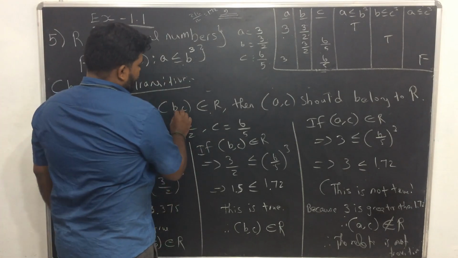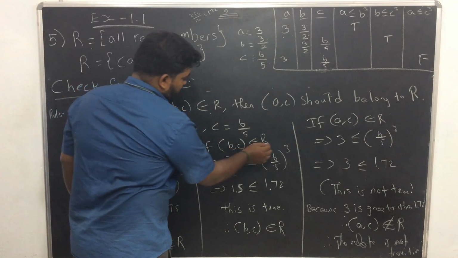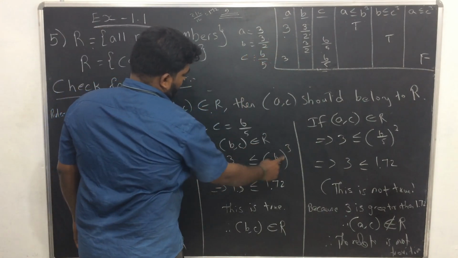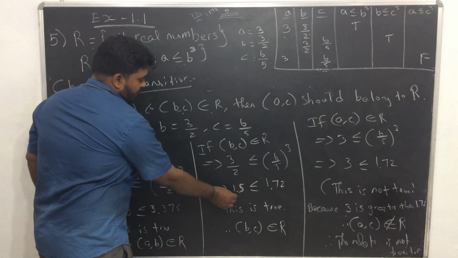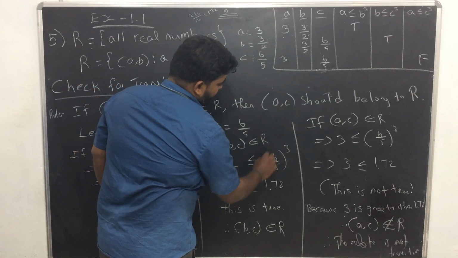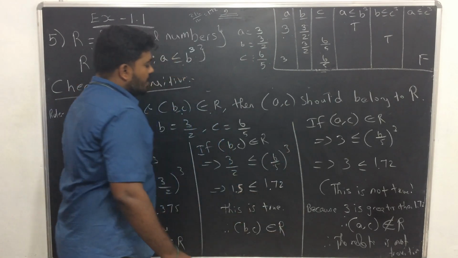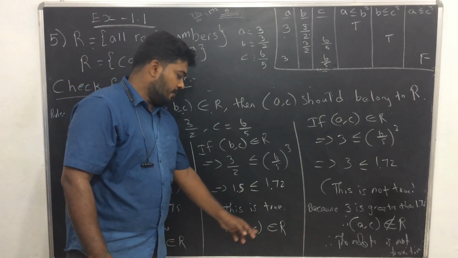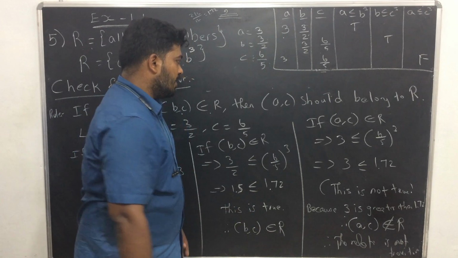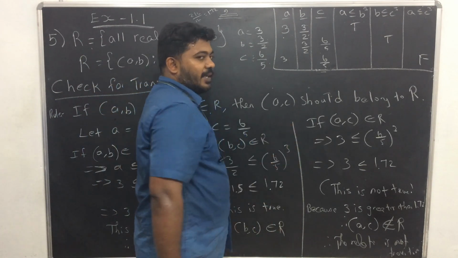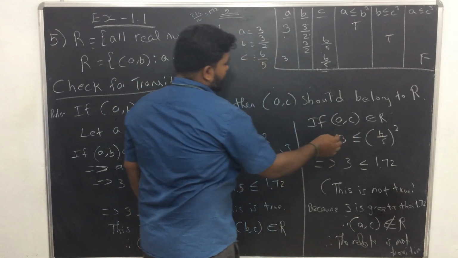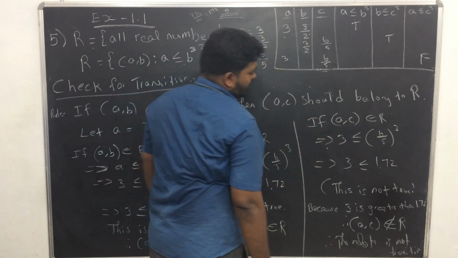Moving on, checking for B comma C. If B comma C belongs to R, it implies that 3 by 2 is less than or equal to 6 by 5 the whole cube. 3 by 2 is nothing but 1.5. It is less than or equal to, we found this value to be 1.72. Of course, 1.5 is less than 1.72. This is also true. Therefore, B comma C belongs to R. Then, the final check, that is for A comma C. If A comma C belongs to R, it implies that 3 is less than or equal to 6 by 5 the whole cube.